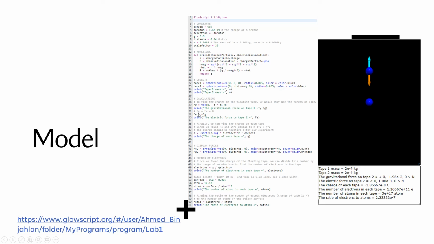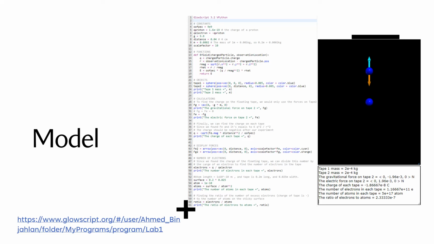And the gravitational force and the electric force sum to 0 because of Newton's second law, since they are equal in magnitude but opposite in sign. That's how we found the electric force, and this is the gravitational force.